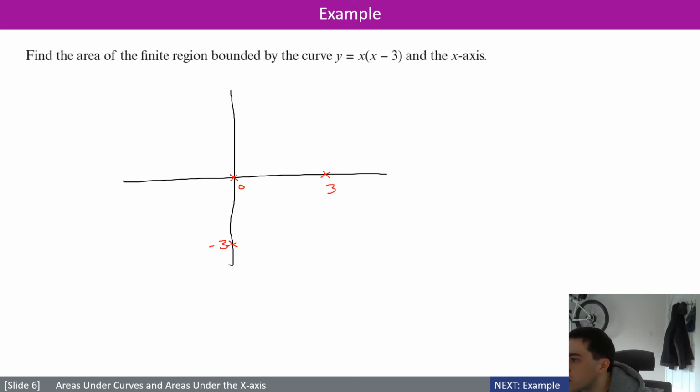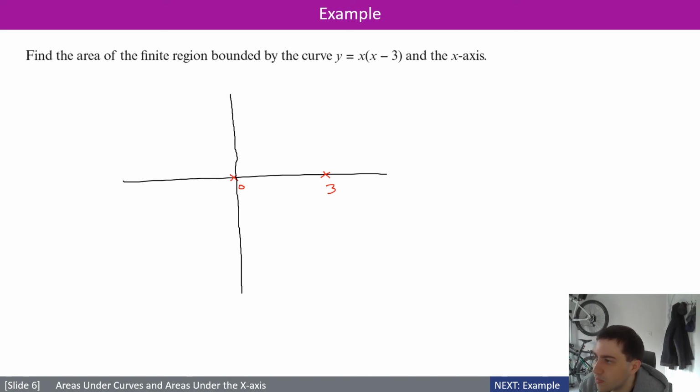That's when x equals, oh no, sorry, what am I talking about? It'll just be at 0. Okay, and then it's a U shape because effectively this is x squared minus 3x. This part is positive, so it's a U shape. Let's draw that in.